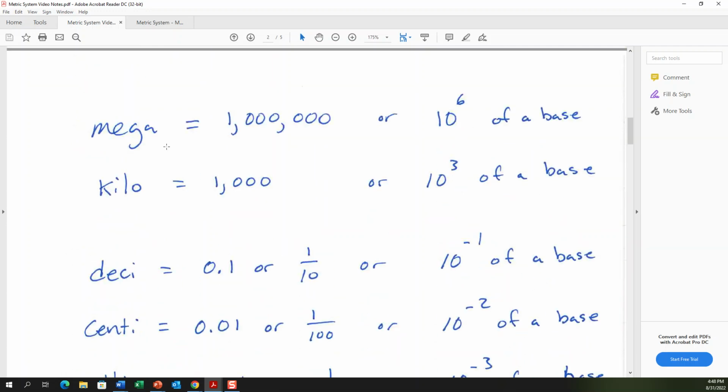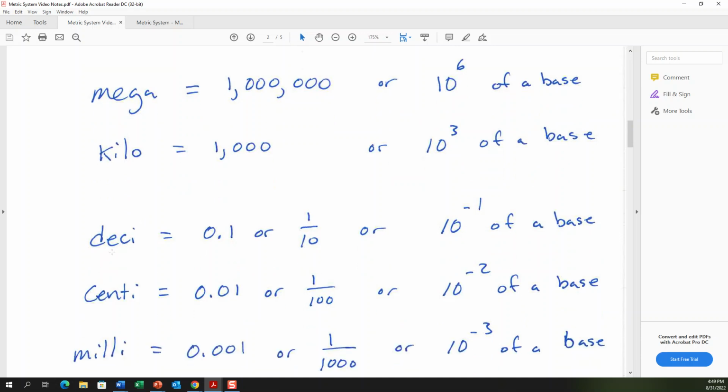A way to think of the prefix is that prefix times the base unit. And remember, in math, of means times. So if I see mega, that's 10 to the 6th, or 1,000,000 of the base unit. If I see kilo, that's 1,000, or 10 to the 3rd of the base unit.